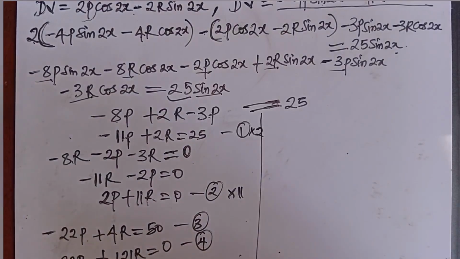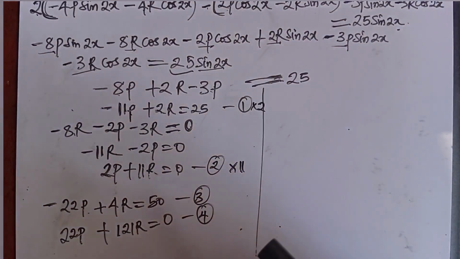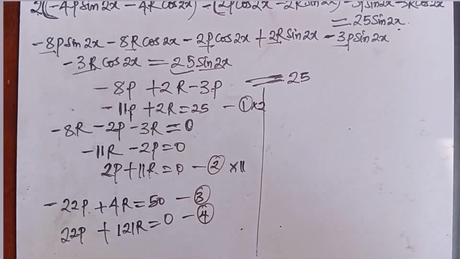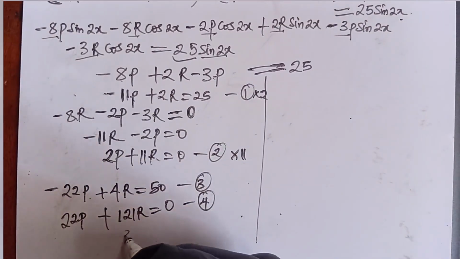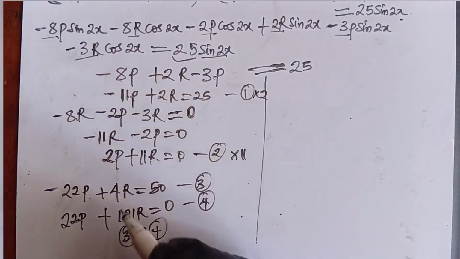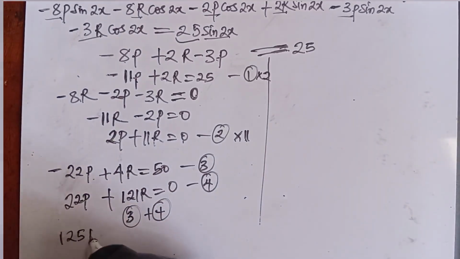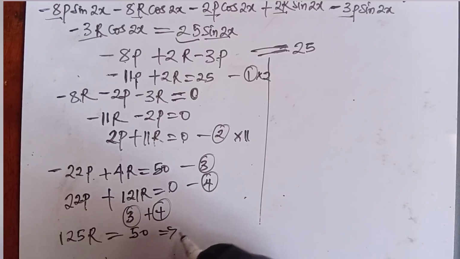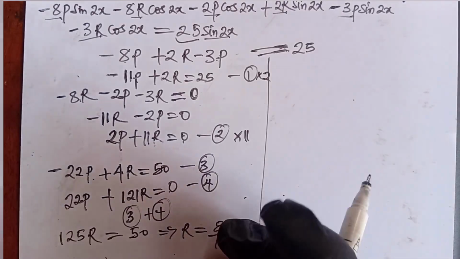To get the value of r, they are the same except for the sign, so I can just add equation 3 and 4, not 1 and 2, to eliminate p. This plus this is 0. 4 plus 121 is 125. 125r equals 50 plus 0 is 50. So it means that r is actually 50 over 125.